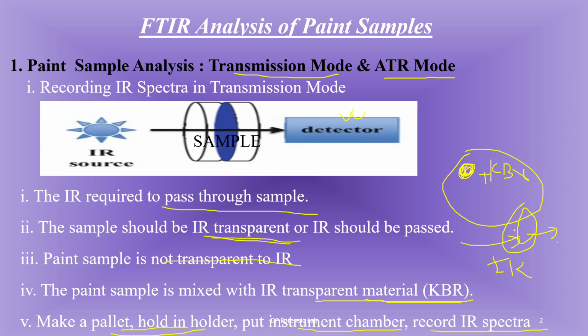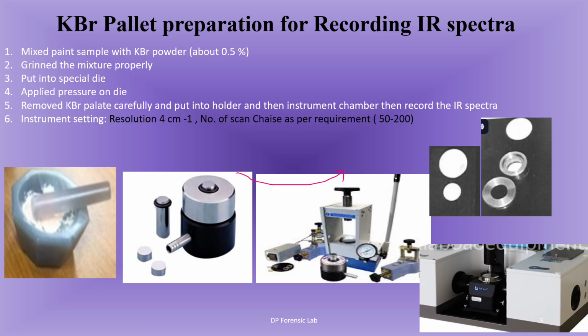So how is the KBr plate prepared? Mix the paint sample with the KBr powder. A very small amount of paint sample is required, only 0.5% or less than 5% is mixed with the KBr for making a plate.